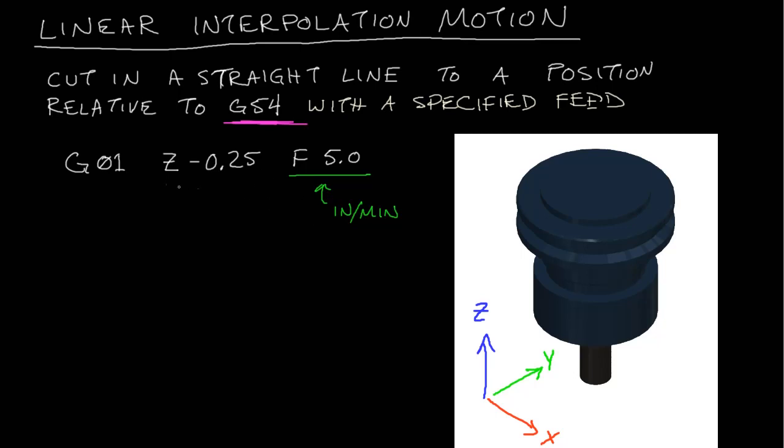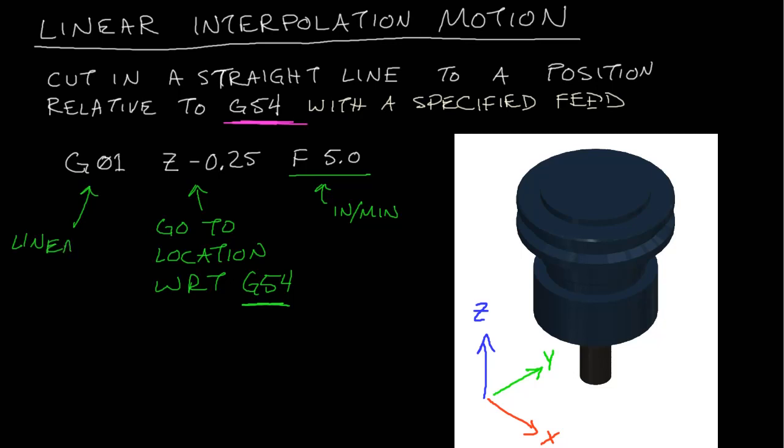All right, so right here we have the go to the position or location with respect to G54. And it's not always going to be G54. You may have other work offset positions, maybe G55 or G56. There are a couple you can choose from, but I'm just using the example of G54. And of course, this G01 right here is the linear interpolation motion.